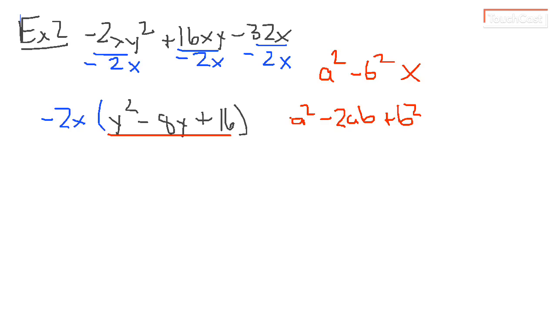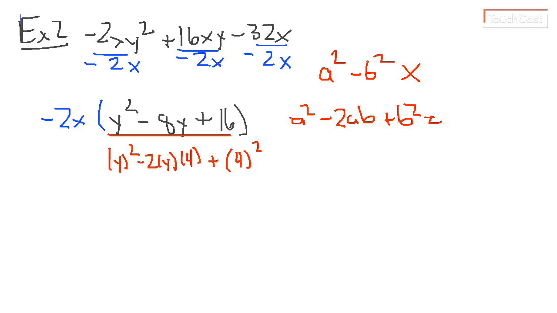In this case, a would be our y. So we've got y squared. B, in this case, what number times itself makes 16? Well, that's 4. So we've got 4 squared. Now we just check. If we go 2 times y times 4, does that make 8y? The answer is yes. So we've got a perfect square trinomial.